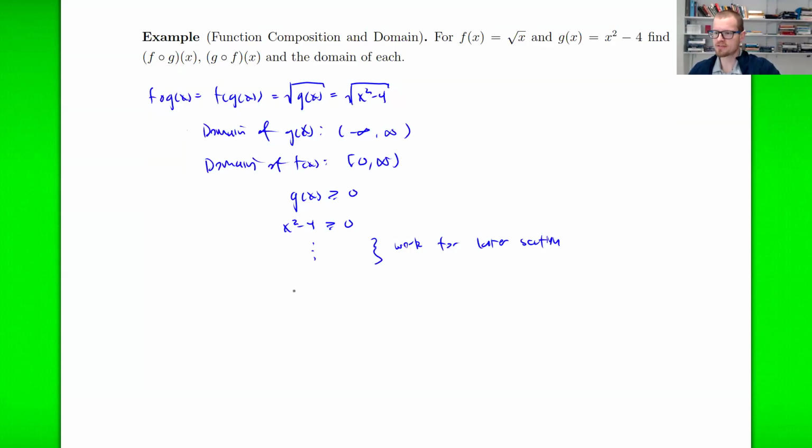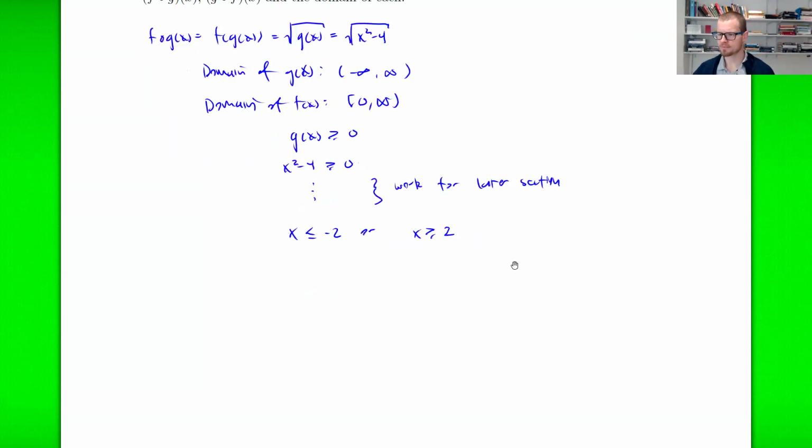But this is going to give us x less than or equal to -2 or x greater than or equal to 2. When we solve that inequality, it's going to result in this as our solution.